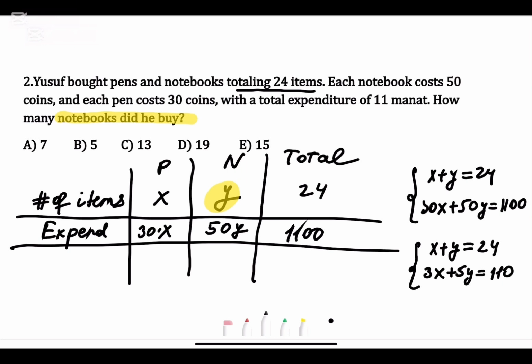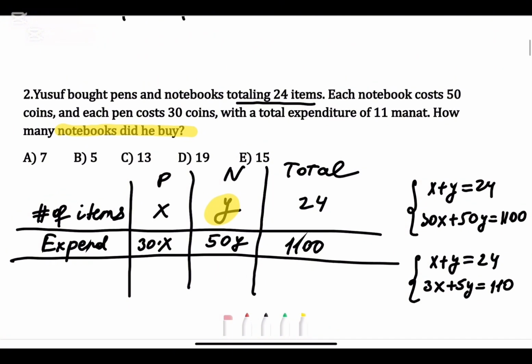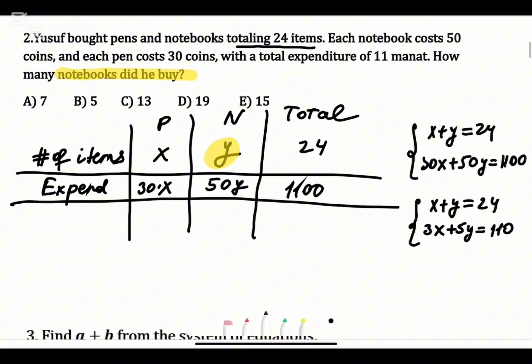Since I have to find the number of notebooks, or in other words y, I'm going to multiply both sides of the first equation by -3, just to get rid of x in the process of solving this system of equations using the elimination method.